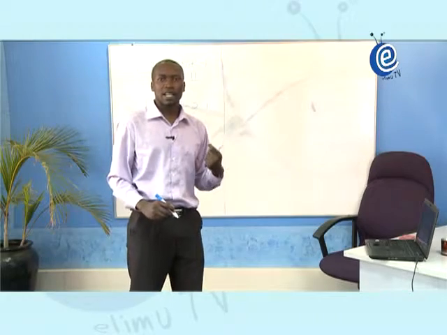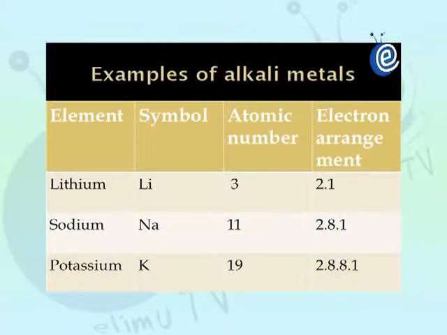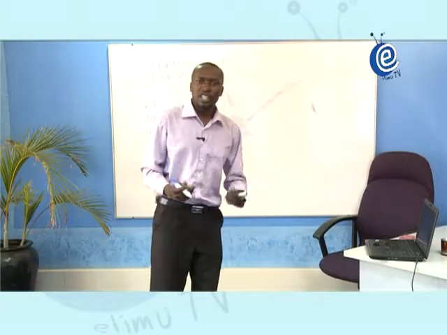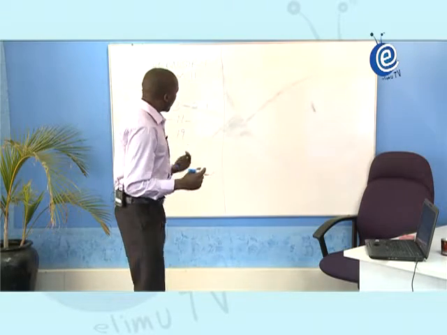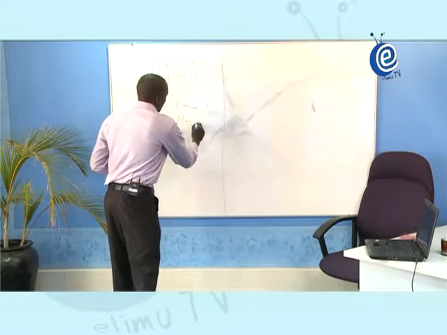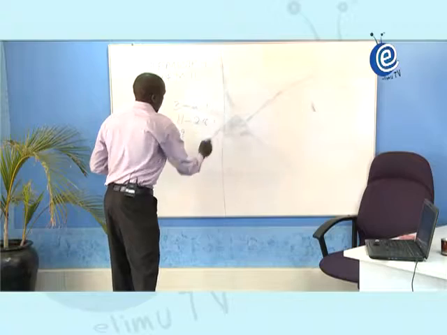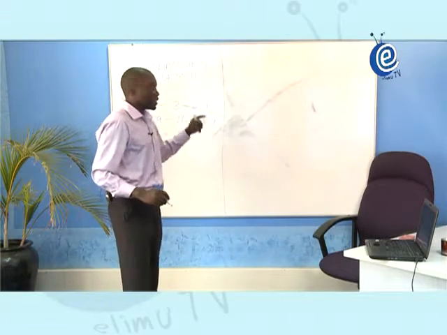Sodium has an electronic arrangement of 2 to 8 to 1. In other words, the first energy level will take 2 electrons, the second energy level takes 8 electrons, and the third energy level takes 1 electron. 2 to 8 to 1.